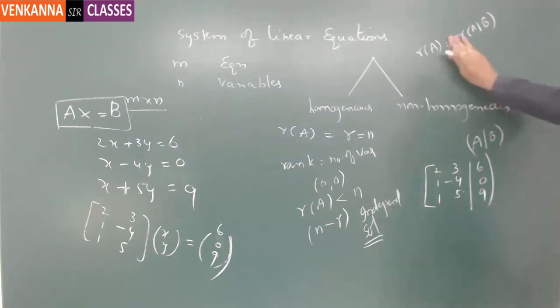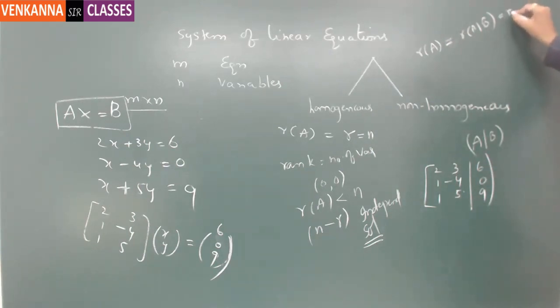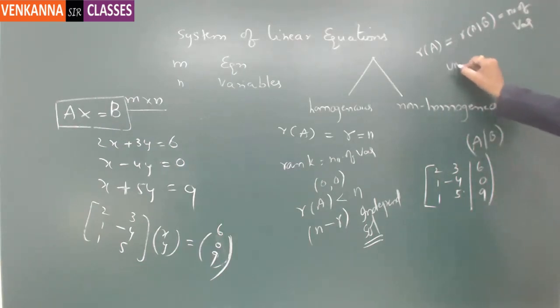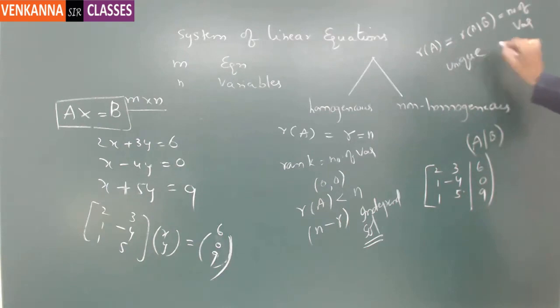So consider the case rank of A is equal to rank of A by B. If this value is equal to the number of variables, then we say that the system will have only a unique solution. That means x, y, z, you will find only one solution for it. Exactly one solution will be there for the given system.